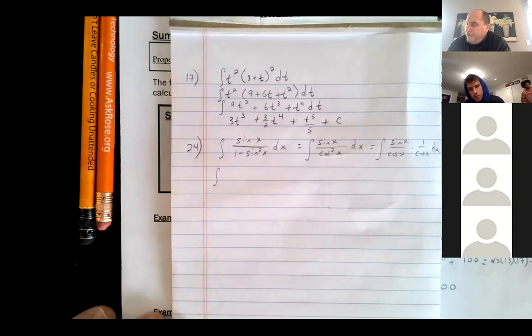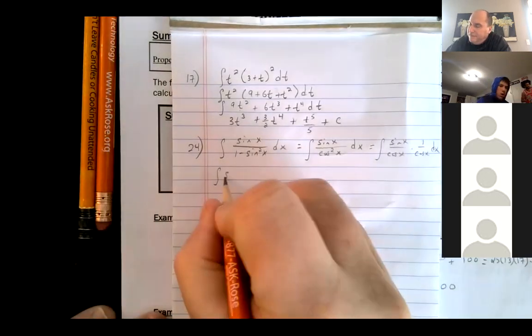It's tangent x, isn't it? And then what's 1 over cosine? Isn't that secant?